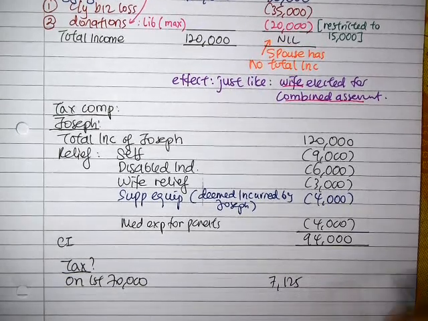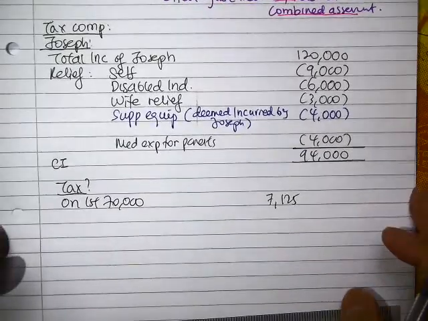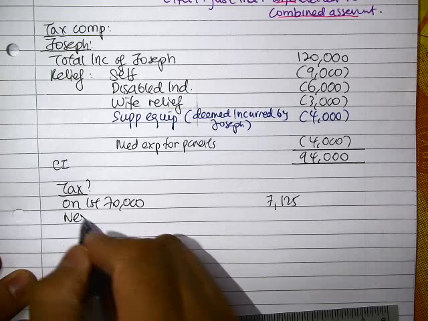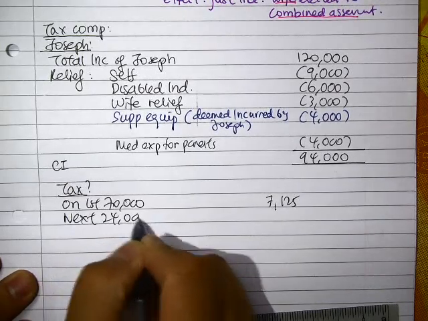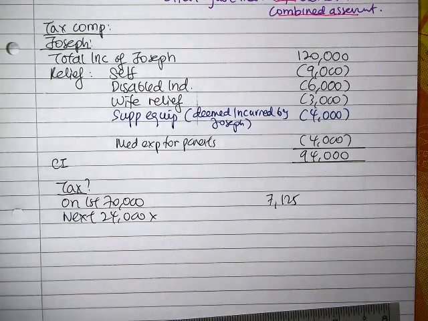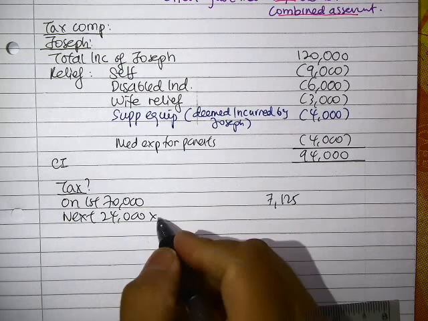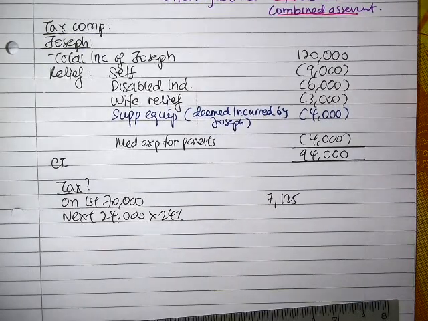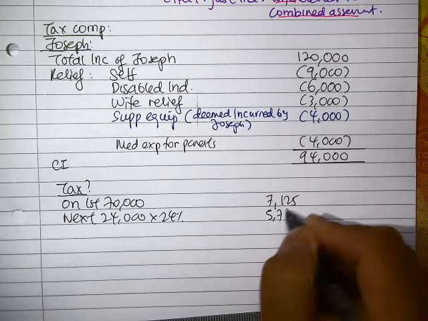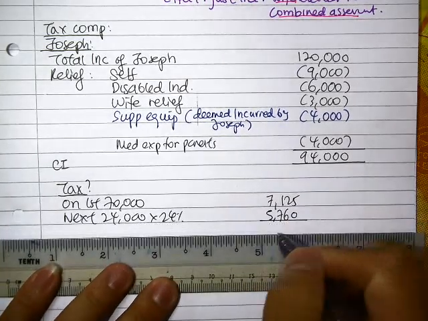Well, Janice did incur 3,000 for her parent, but because the deeming provision does not apply here, whatever amount Janice incurred will not be deemed incurred by Joseph. So if that's the case, this 3,000 will not qualify for relief. So it's a bit different from the wheelchair, you see. So that's why now Joseph can only claim 4,000 without adding that 3.